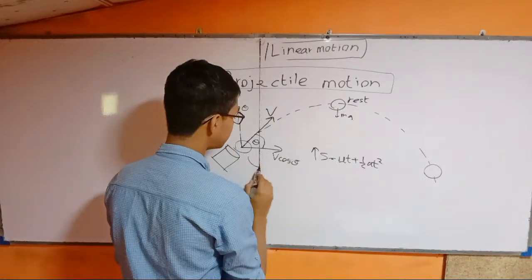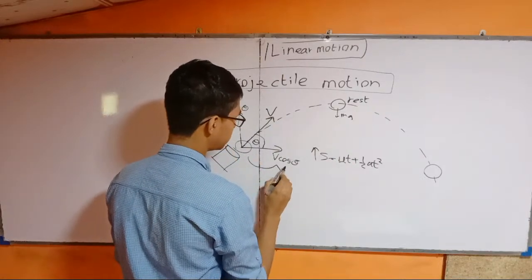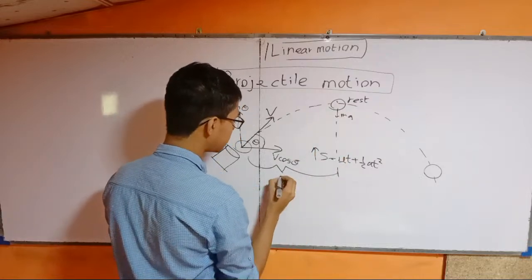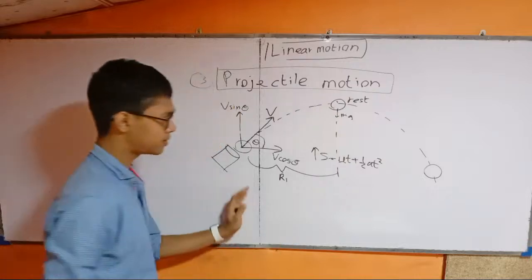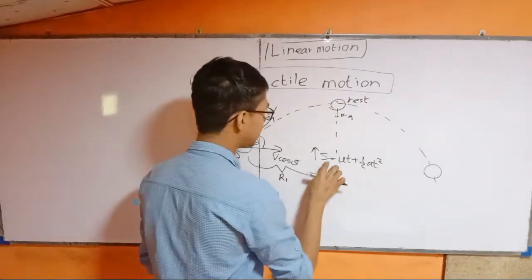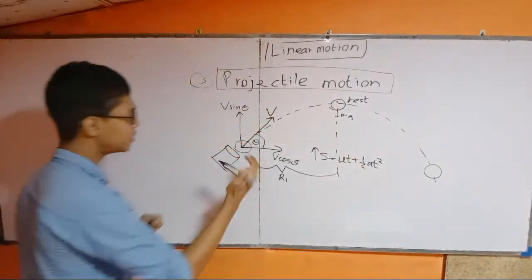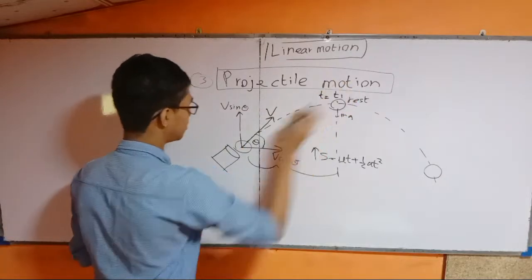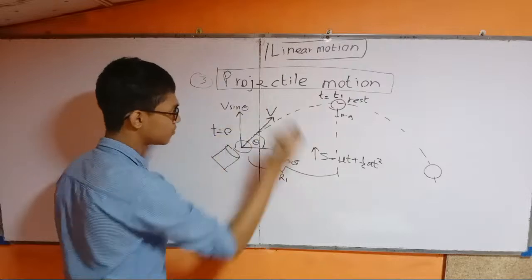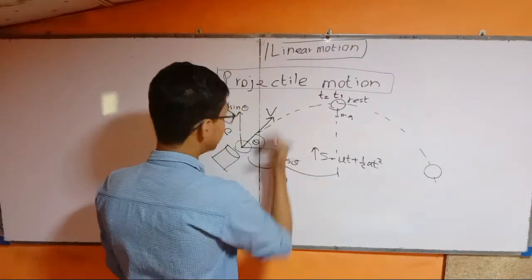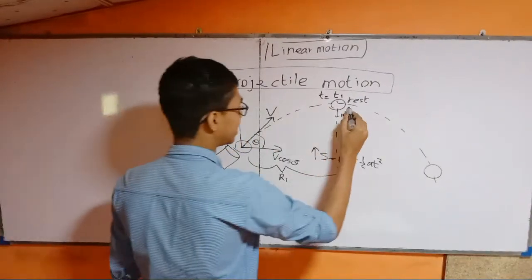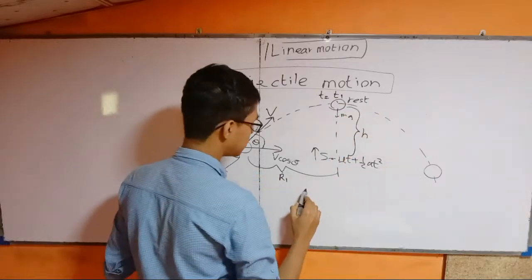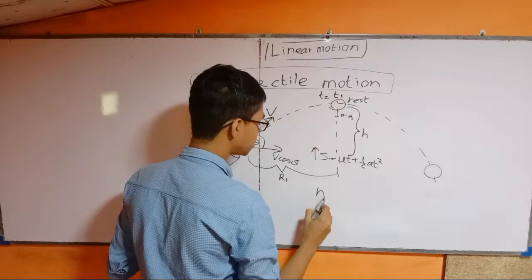From here to here, let's say the distance is R1. So I am applying s equal to ut plus half at squared upwards from here to here. This is t equal to t1. This is t equal to 0. Displacement is height h.